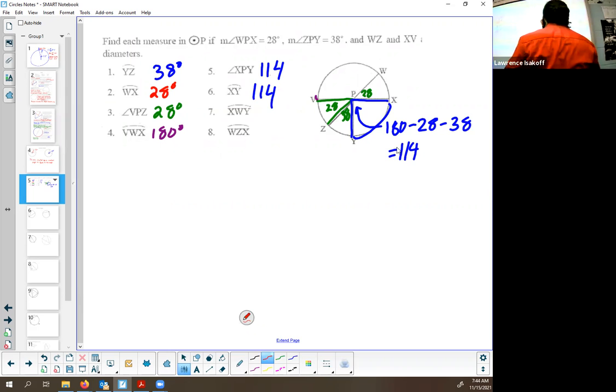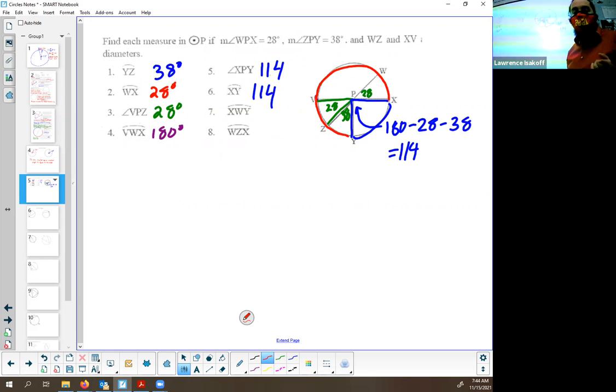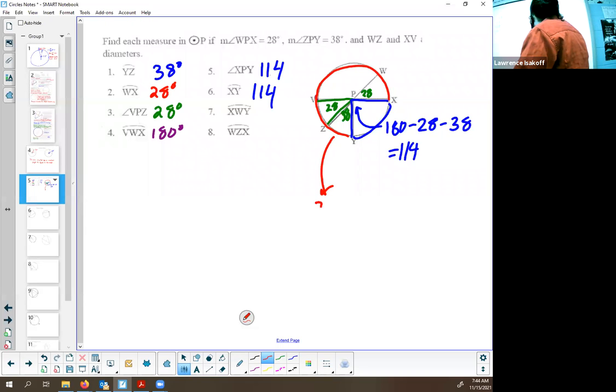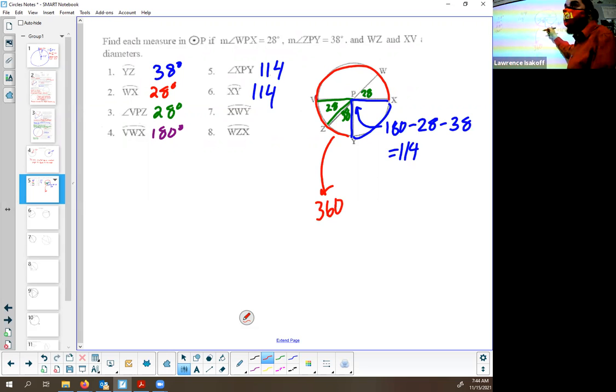Now it says I'm going X to W, then all the way around to Y. Since a full circle is 360, I'm going to do 360 minus this blue chunk, because the red is the whole circle minus the blue.